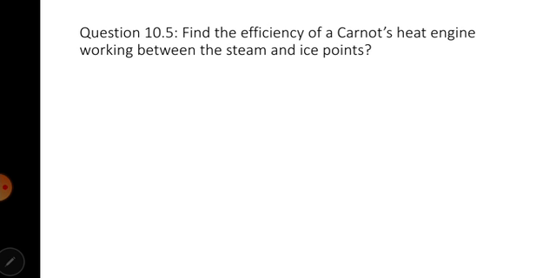Find the efficiency of a Carnot heat engine working between the steam and ice. Temperature of ice is T2, equal to 273 Kelvin, which in Celsius is 0 degree Celsius.